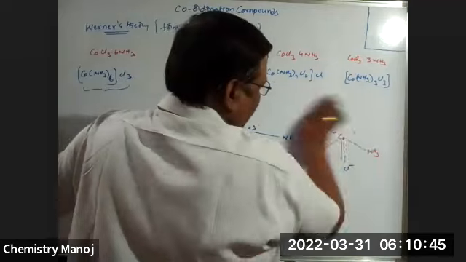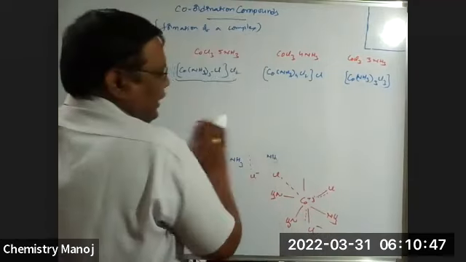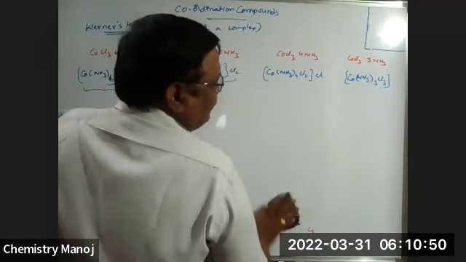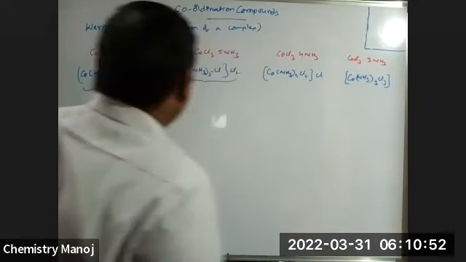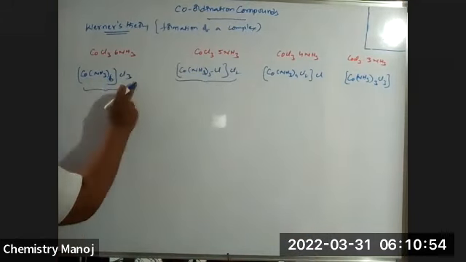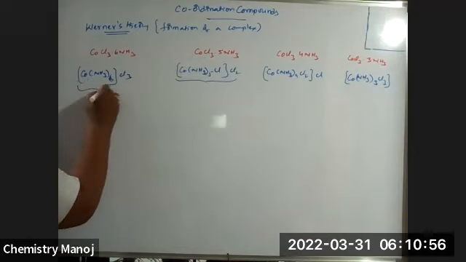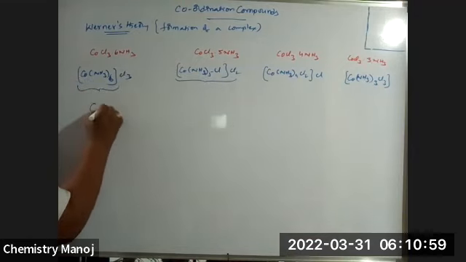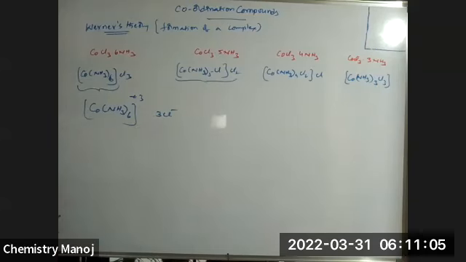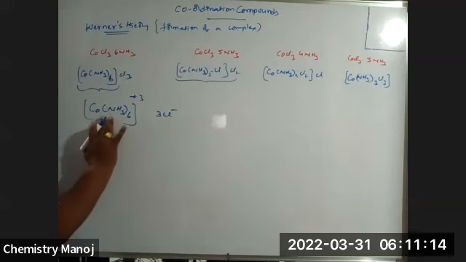In these complexes, generally, a box ion is formed by the combination of metal and ligand, correct? This box ion breaks down as Co(NH3)6 3+ ion and 3 Cl minus ions when dissolved in water. Is this ionizable or non-ionizable?